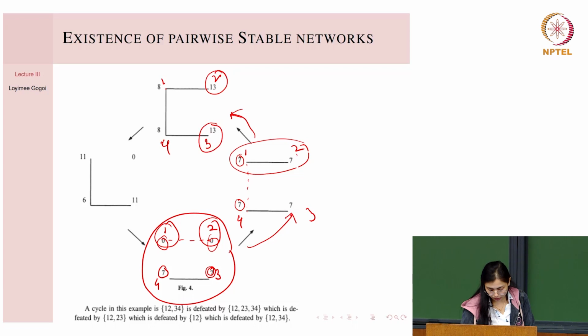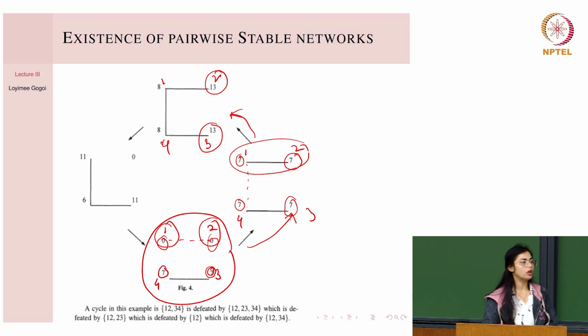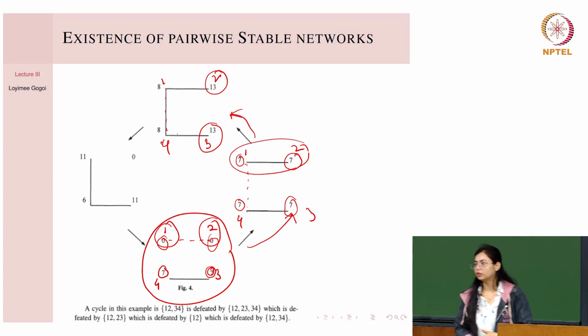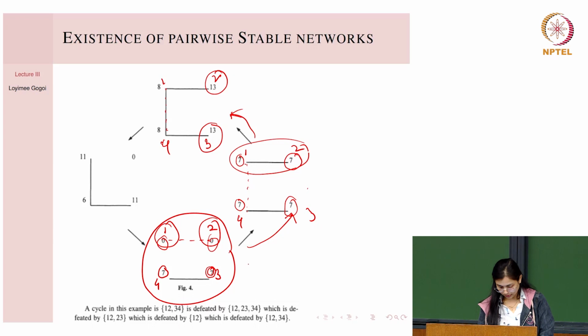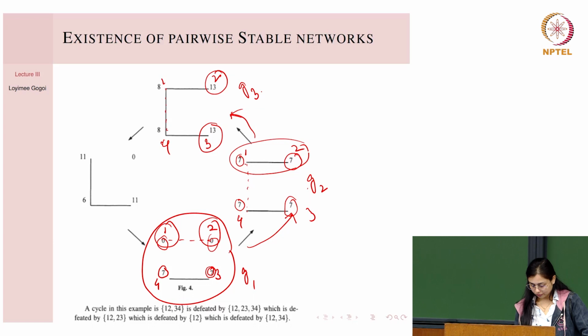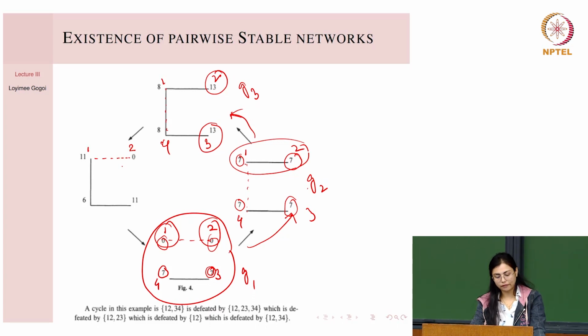So definitely all of the players try to form this 1-4 link because they get a better payoff than in the earlier network. If I call this network Z1, this Z2, this Z3, now see, somehow if we delete this link, then what happened?